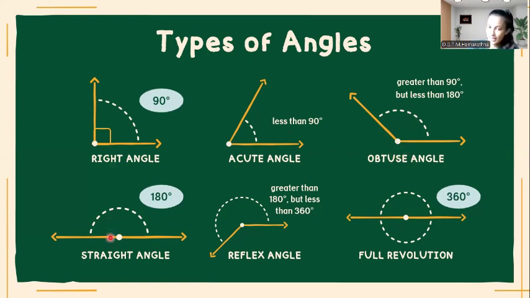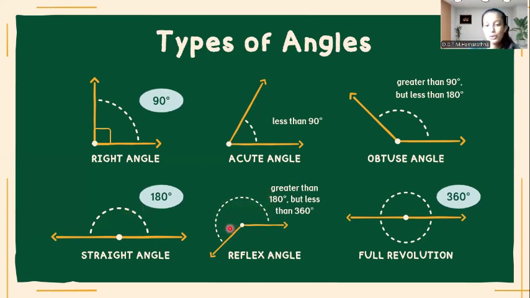This is a straight angle. It has a magnitude of 180 degrees. See here, it is different from all the others. It has a higher magnitude. It is larger than 180 also.